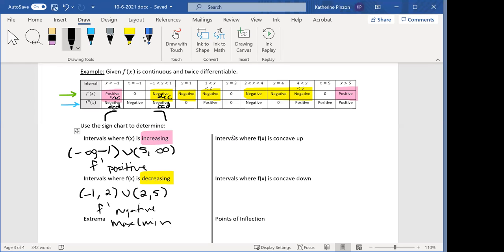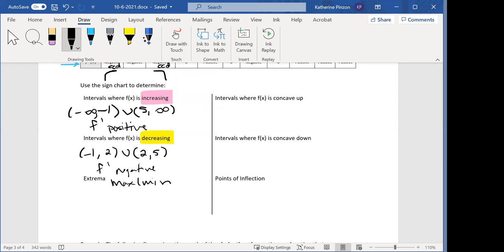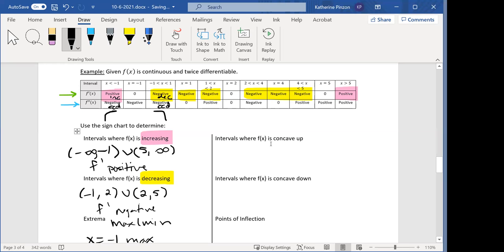At x equals -1, the function's going up, and then it's going down. So what happens at x equals -1? There's a maximum at x equals -1. Where else should you look? At x equals 5.